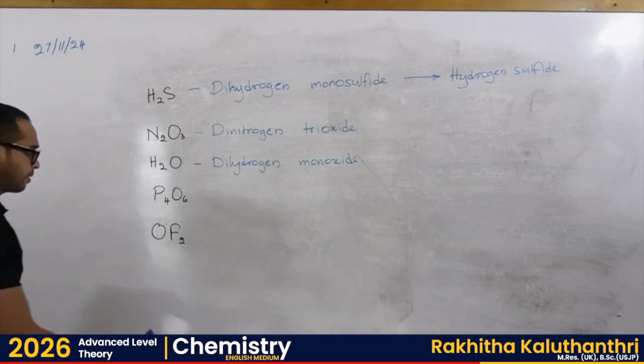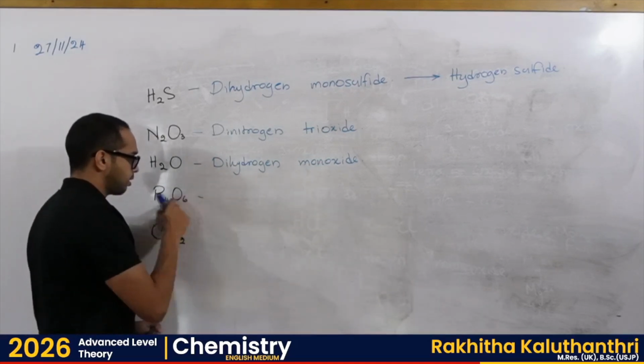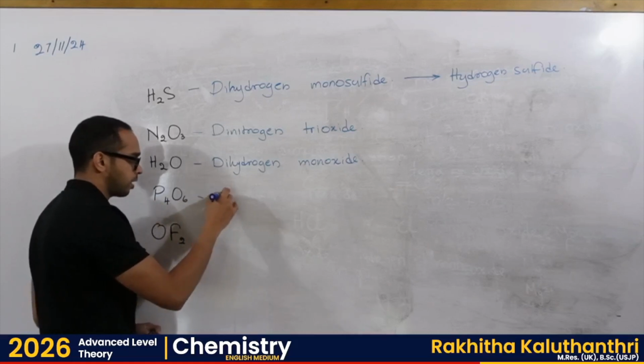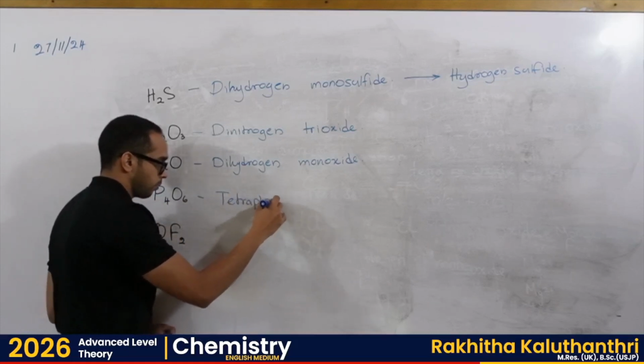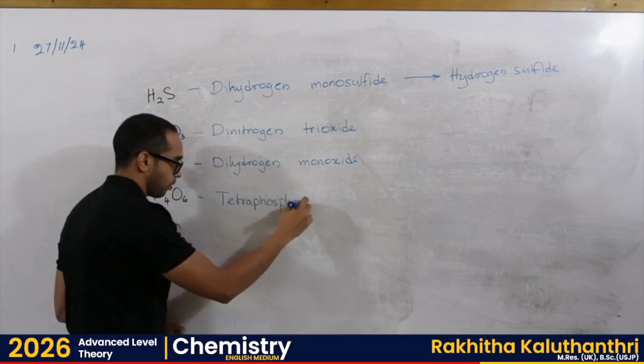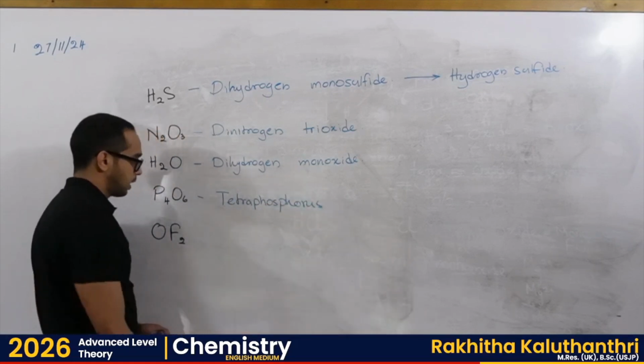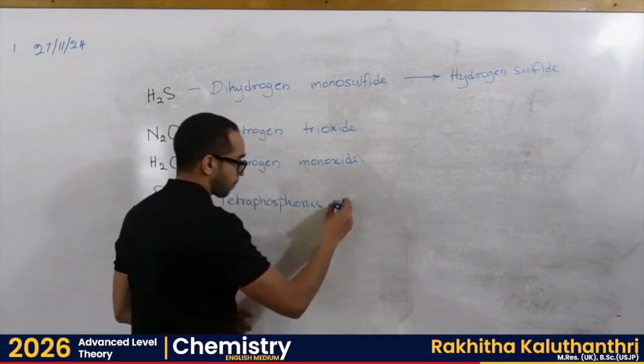And then we have this one, the four phosphorus. So we have to start the name with tetraphosphorus hexa.